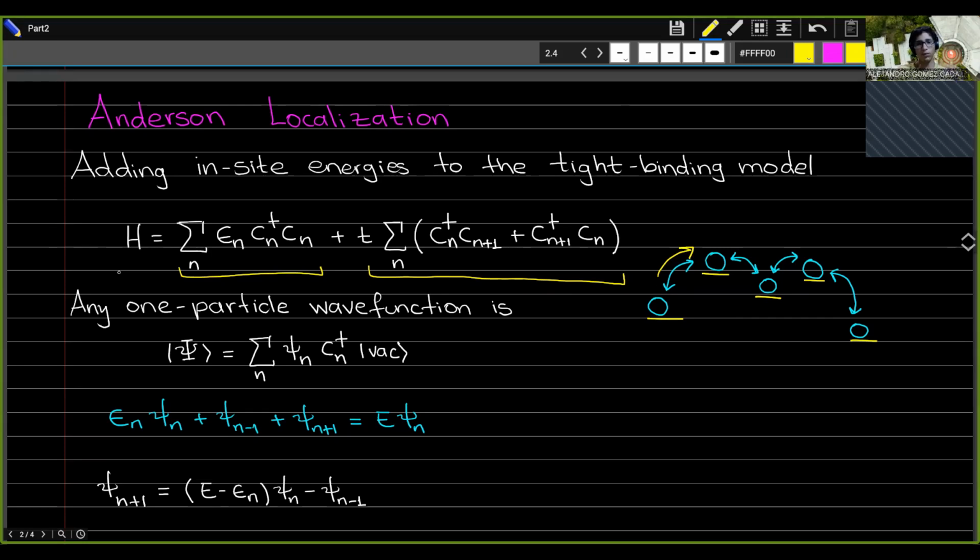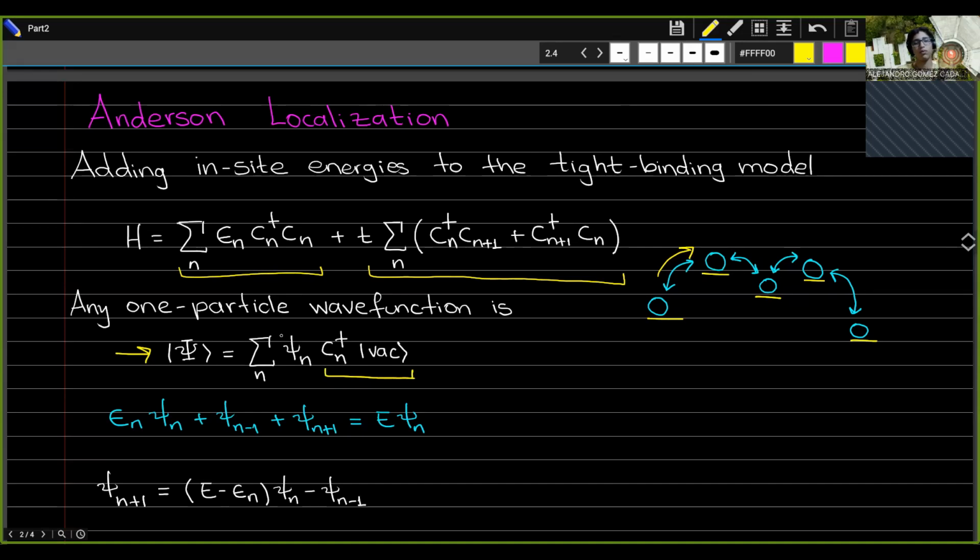And we can write a general wave function of one particle as this. Here n is the site index. So we have the creation of one particle at the site n, and here is the probability or the coefficient associated to the particle being on that site.